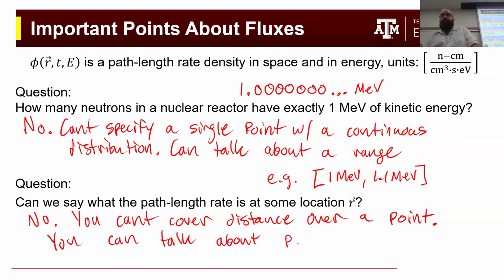In other words, if you have the scalar flux, you can evaluate that at a point and it will tell you about the path length rate density of the neutrons at that point. But you can't take the scalar flux and then integrate that over volume. That's kind of what this question is asking about. That wouldn't really make sense.